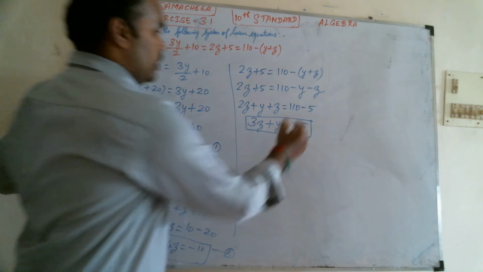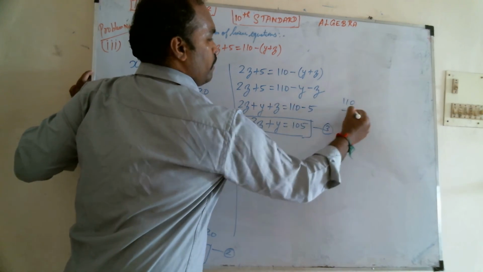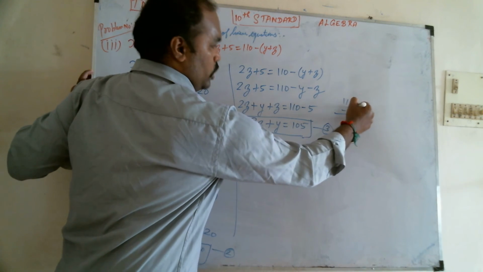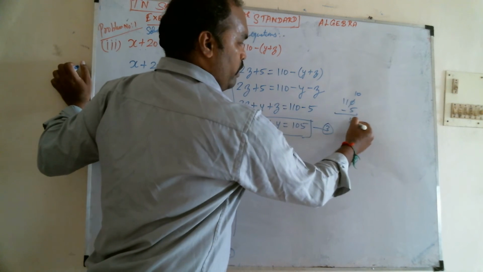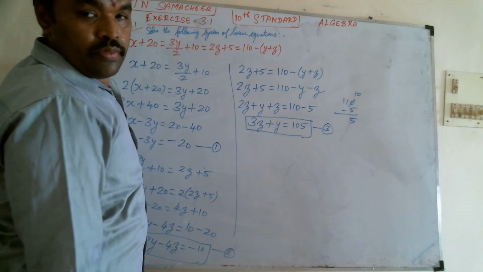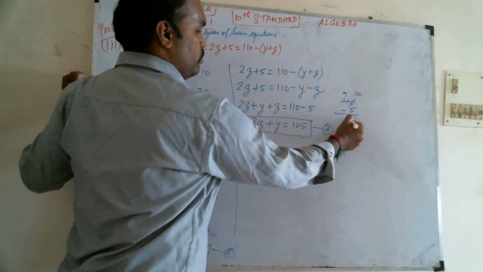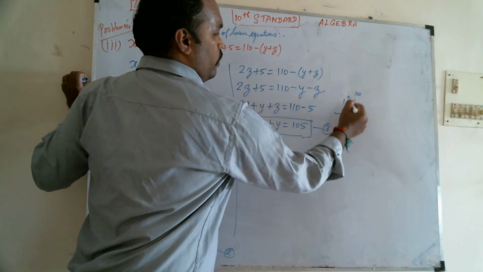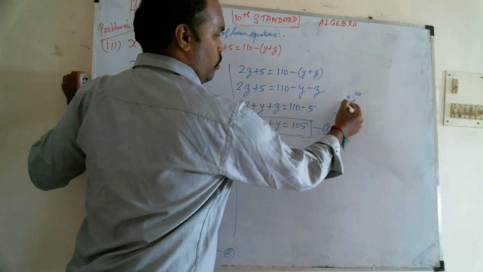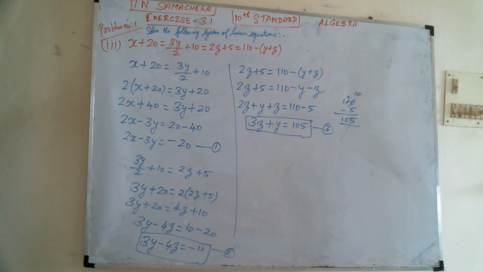So this is the 110 minus 5. How much is that? 0. If we borrow, 10 will come. So 10 minus 5, 5. The next one, 0 will come. So 0 minus 0, 0. 1 minus 0, 1. So this is 105.